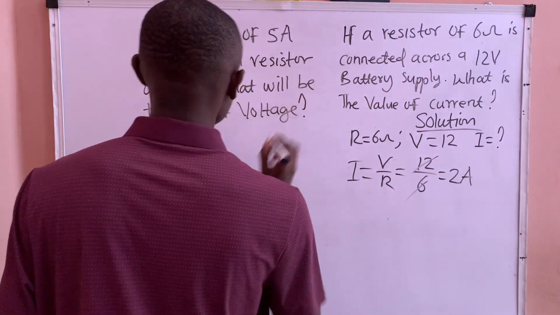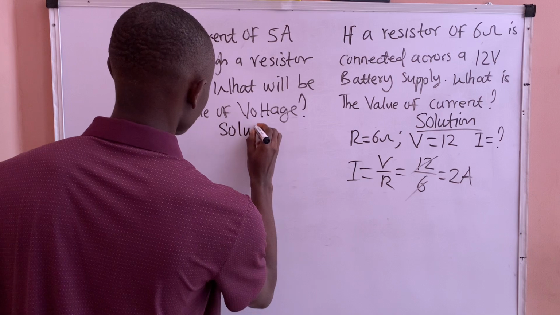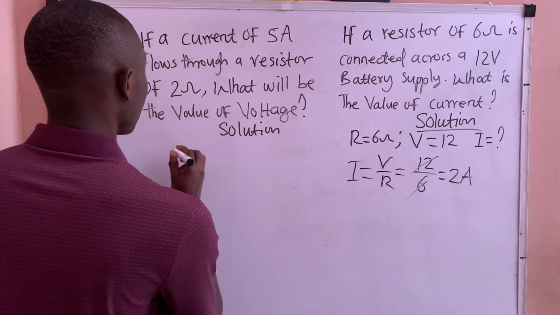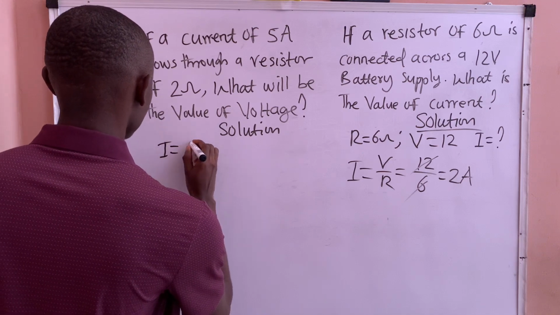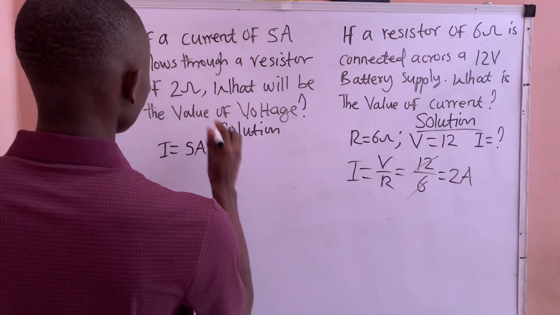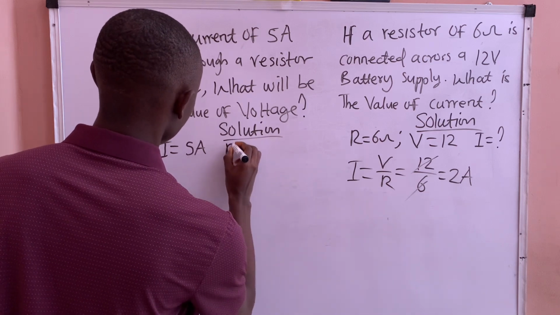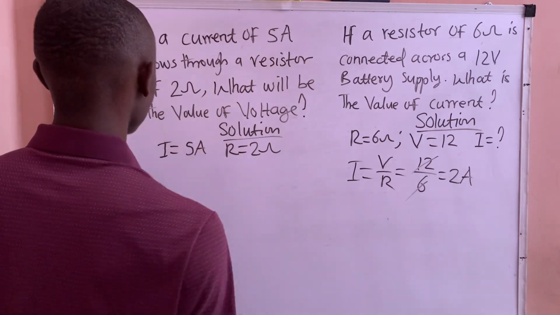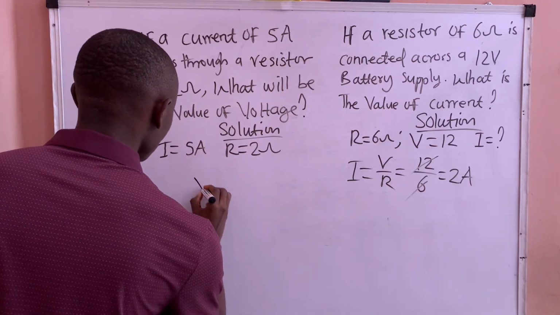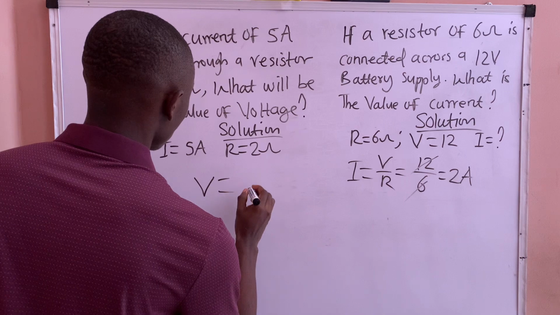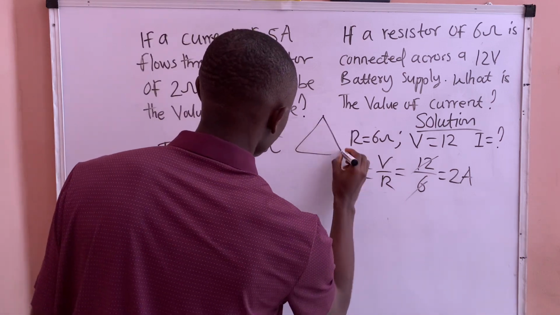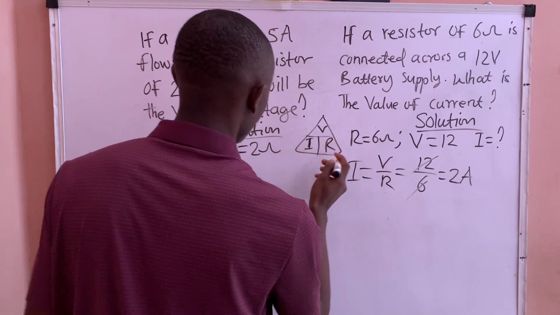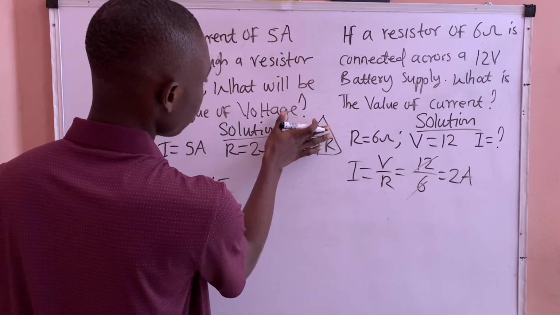The first thing we need to do is to write the variables that are given. We have that I, which is current, is equal to 5 amps. And we have that resistance, which is R, is equal to 2 ohms. And we are asked to find voltage. So using the triangle trick formula, the fastest way to remember Ohm's law, if I cover V, what am I seeing?